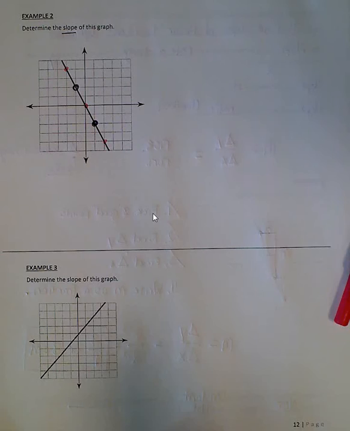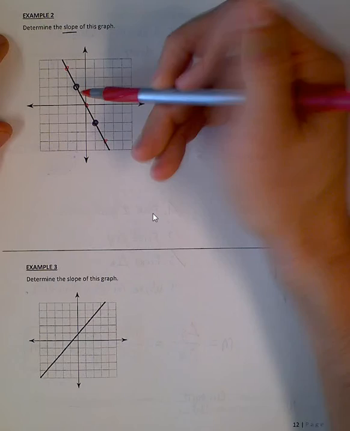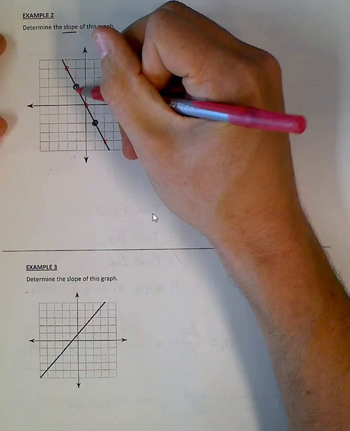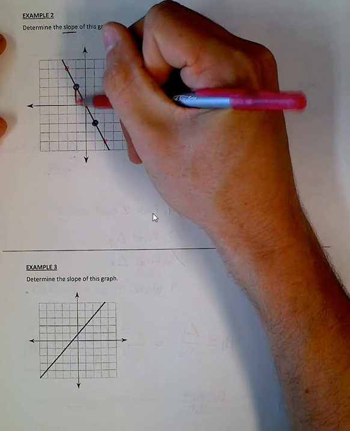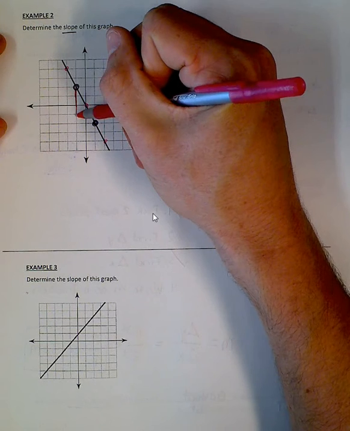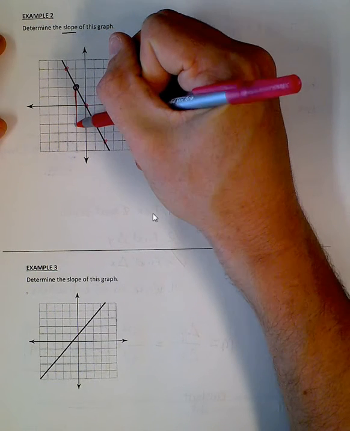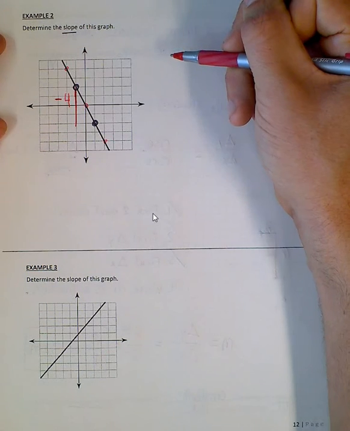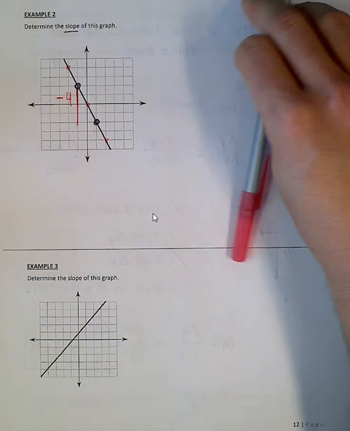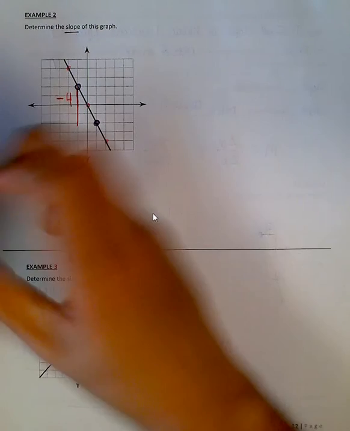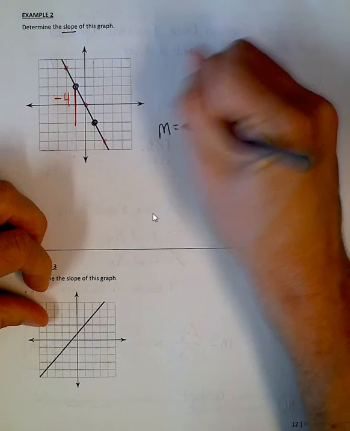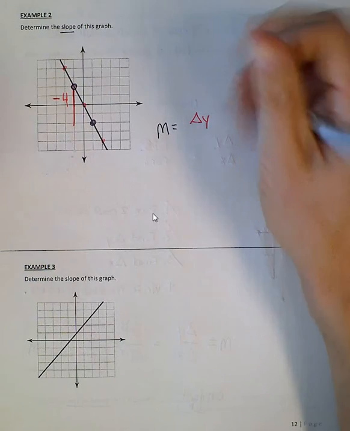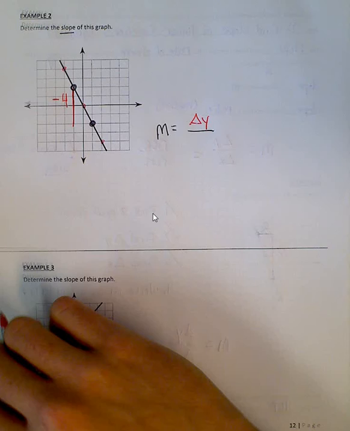Again, I'm looking from left to right. I want to find the rate of change from point to point. I notice this time the line's going down: 1 unit, 2 units, 3, 4 units, down 4 units. So slope is the change in y over the change in x.